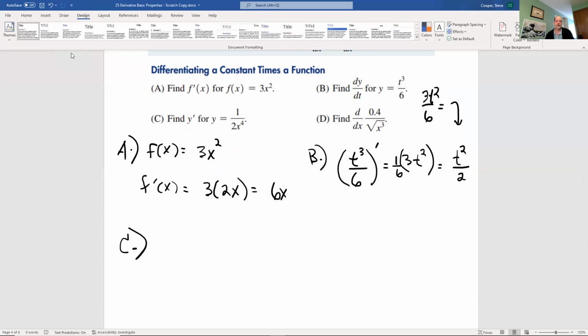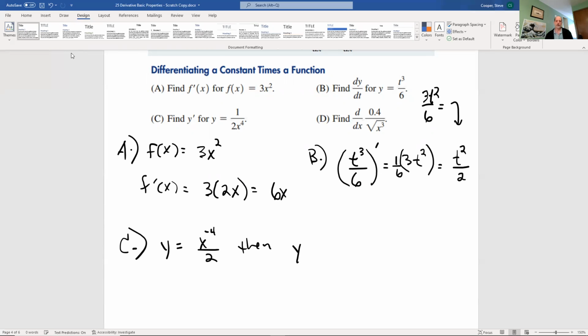Okay, so for C, y prime is going to equal, let's rewrite that real quick. Let's write y in this form instead. We'll take x to the negative fourth over 2. That'll be a little easier to work with.